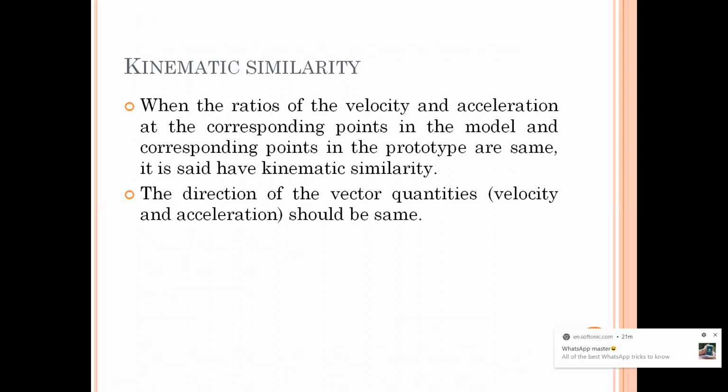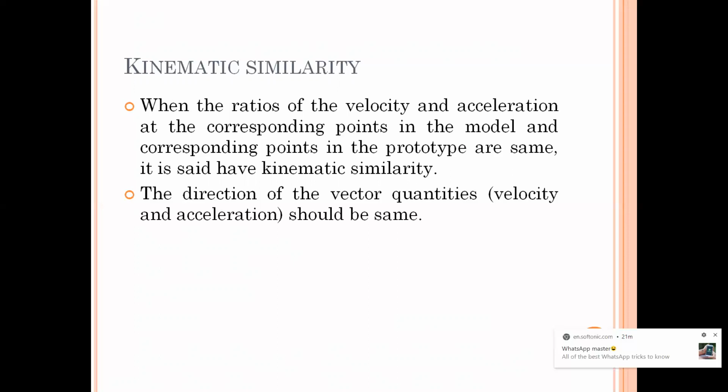A turbine has an inlet pipe and outlet pipe. I am considering the inlet pipe, the point where my pressure is measured, for example. That same point in my prototype and in the model should be considered. I can't have two different places. The same point has to be considered in the model as well as the prototype.